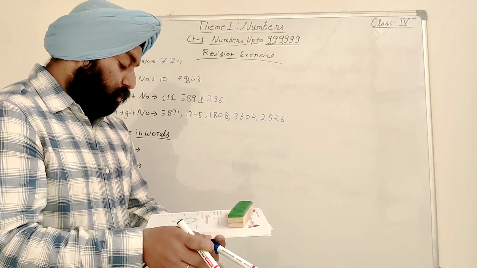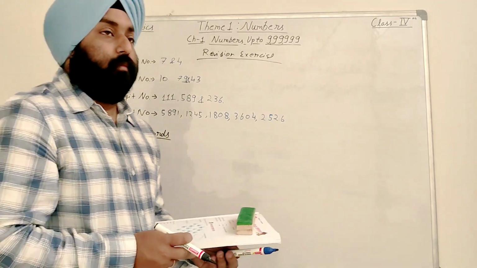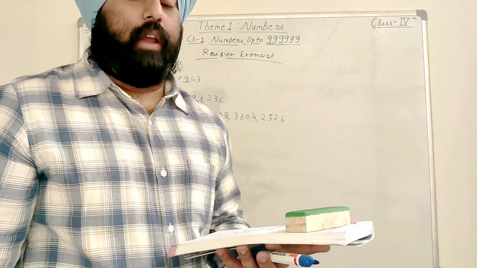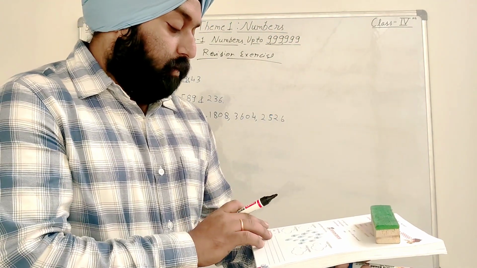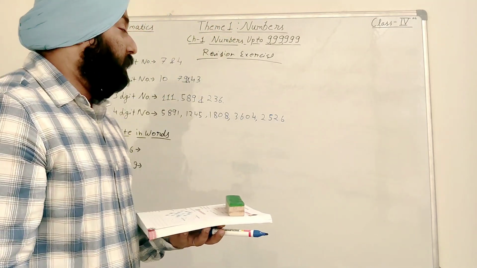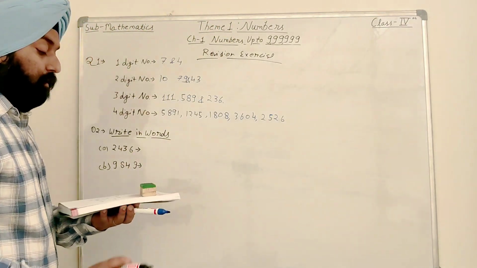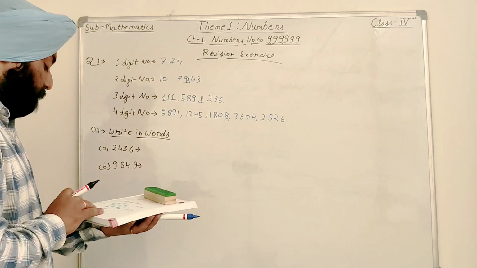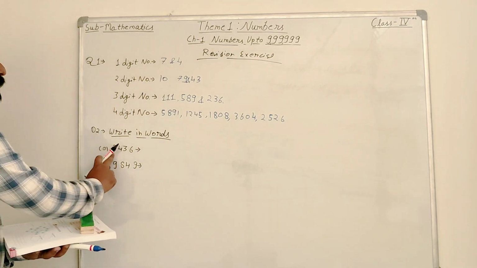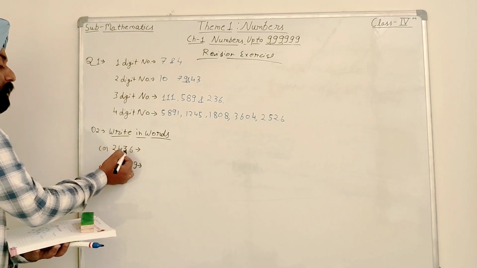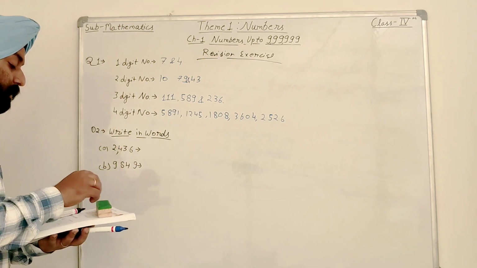Now question number 2, write in words. We all know how to write numbers in words. In our previous classes we have studied it very well, in 3rd class and 2nd class. First number is 2436.